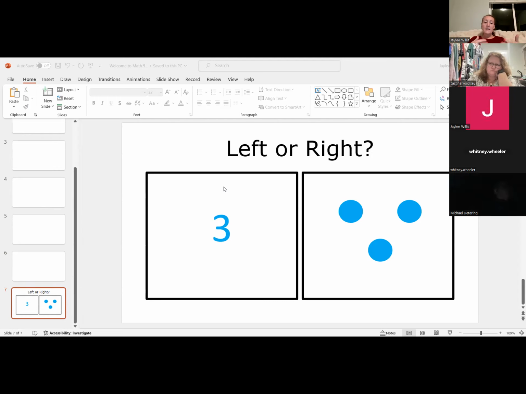The number 3 is the idea of having 3 things. So the number is actually an idea or a concept, and the symbol that we use to represent it is technically called a numeral.